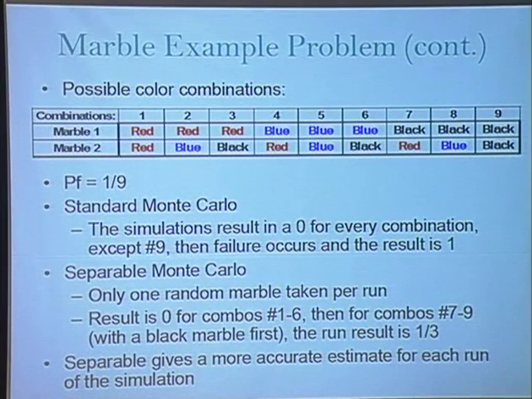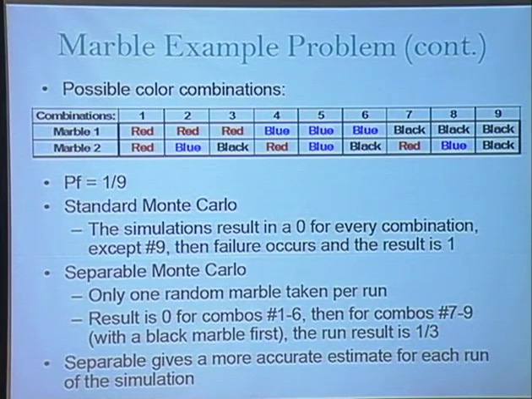So this is the table of combinations. You can have only 9 possible combinations, and only one of them is black-black. And so the probability of failure is 1/9.